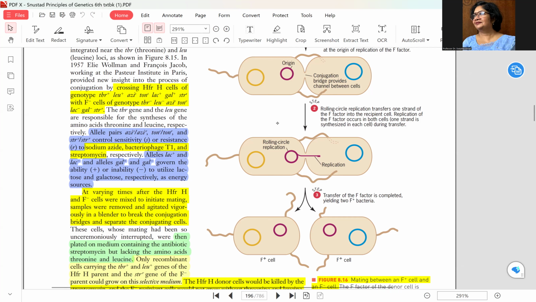In all these plates, the antibiotic streptomycin will need to be added, because remember, we are trying to study only recipient cells. So if we add streptomycin to all the plates, only recipient cells will grow. Now, since we don't know which gene will be transferred first from the donor to the recipient, we have to use all 6 plates containing the different factors that help you to identify which gene was transferred.